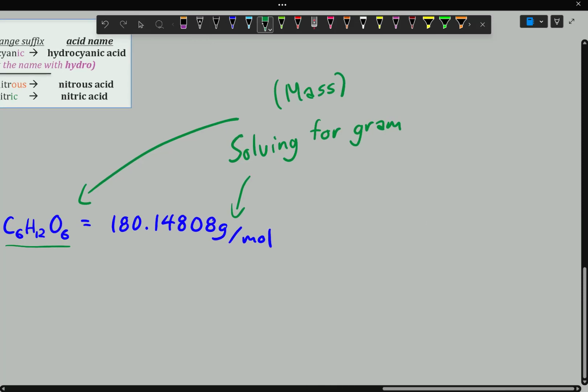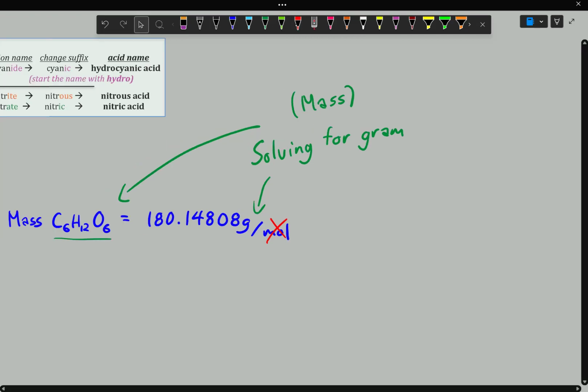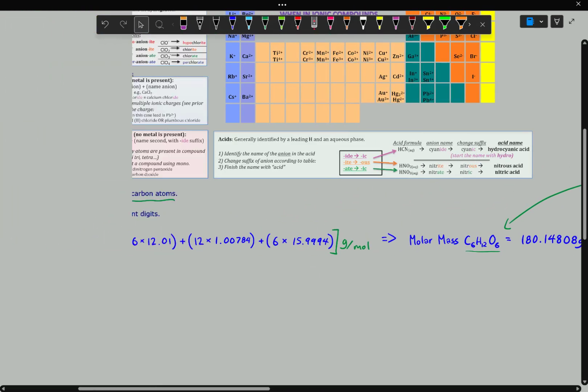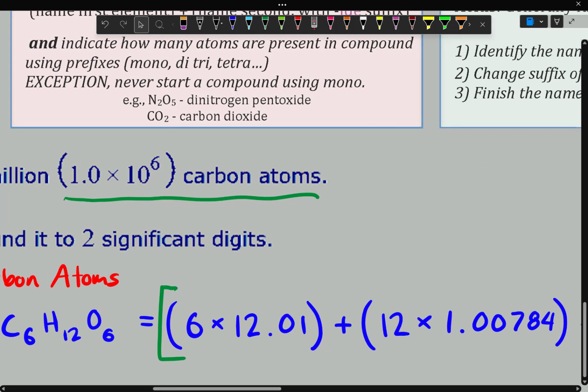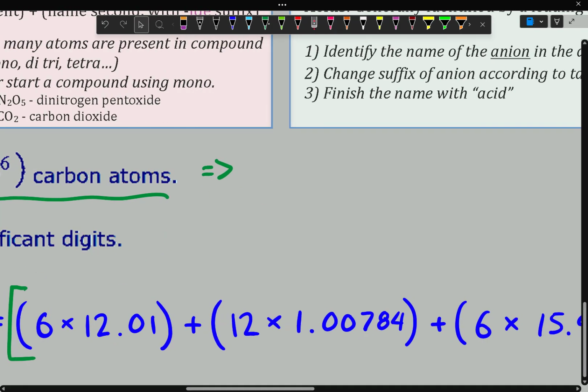So we don't want moles in this molar mass. So it's going to be helpful to convert our atoms to moles. Now, how do we convert atoms to moles? Well, remember Avogadro's number.